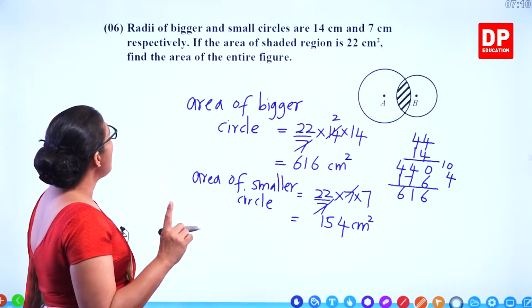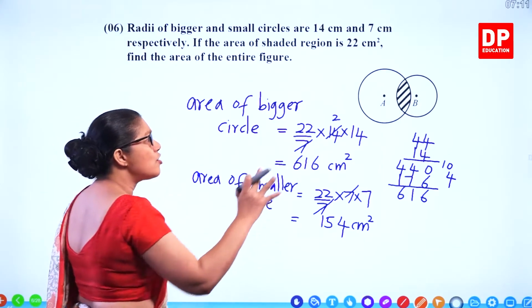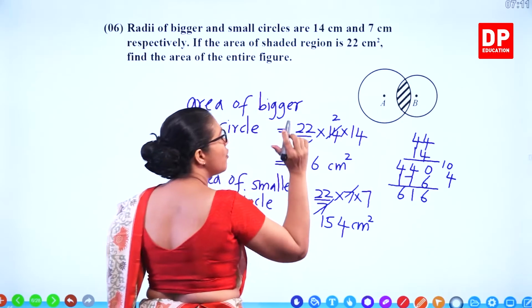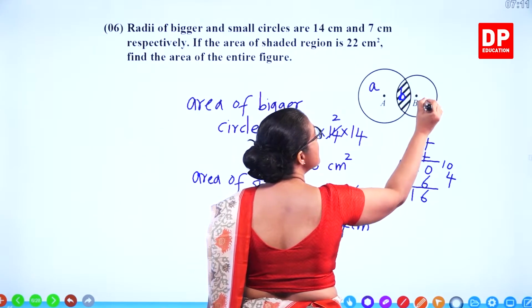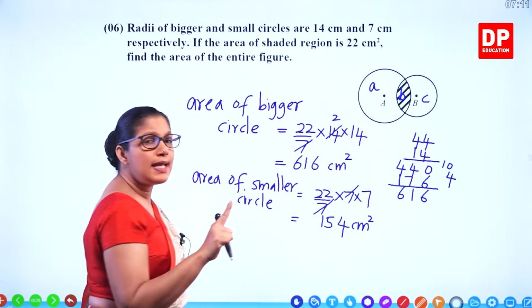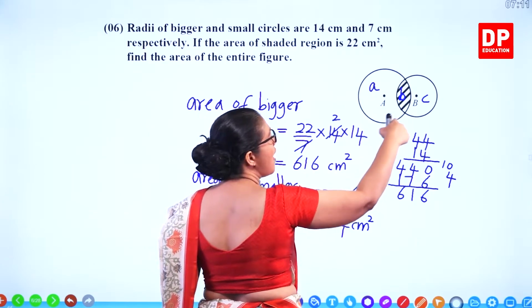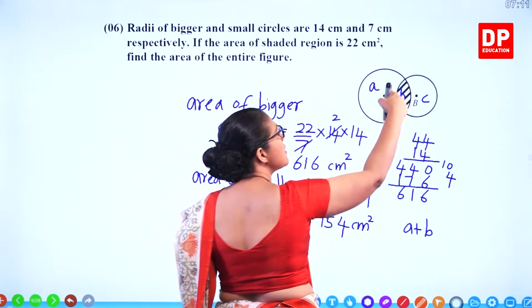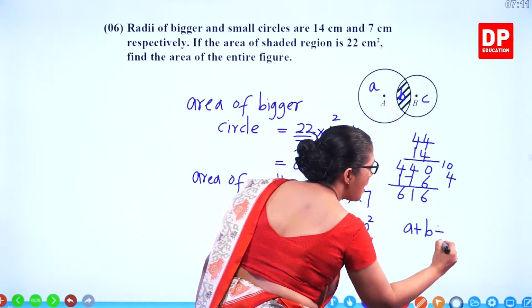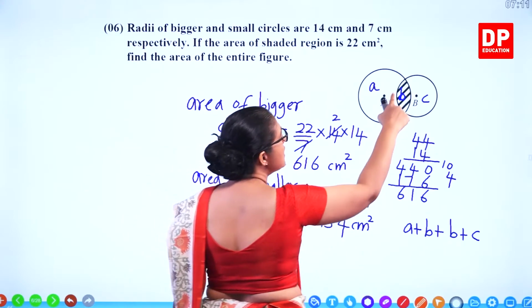Then we need to find out the area of the full thing, but we can't just add these two. Now look carefully. If this is A, this is B, this is C. So when you are adding the full circle, what are you adding? We are adding A plus B. When you are adding the smaller circle, you are adding B plus C again. So what is B?